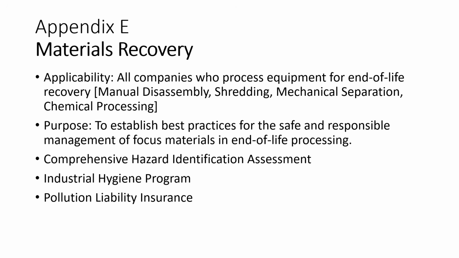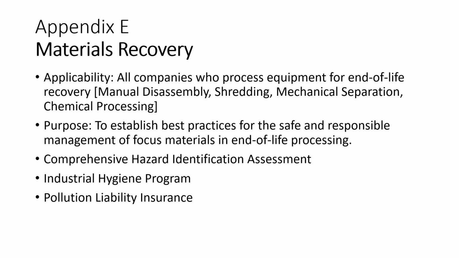Appendix E, materials recovery. This process is going to apply to all companies who process equipment for end-of-life recovery, to include manual disassembly, shredding, mechanical separation, and chemical processing. The purpose of this process is to establish the best practices for the safe and responsible management of focus materials in end-of-life processing.